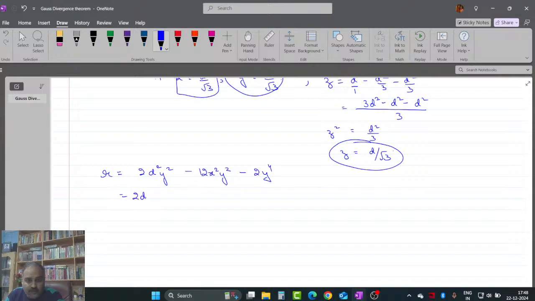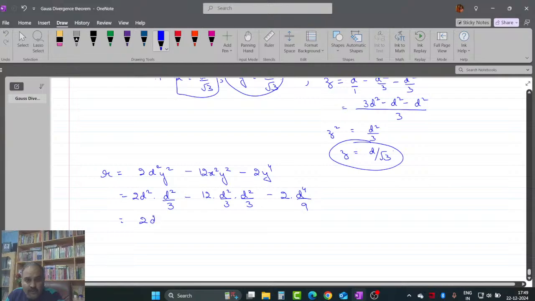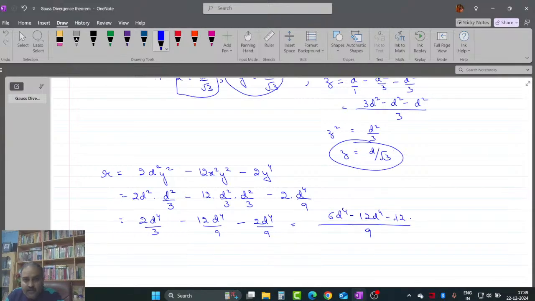So 2 times d². Now the value of y² will be d²/3, minus 12 times x² which will be d²/3, times y² which will be d²/3, minus 2 times d⁴/9. So it will be 2d⁴/3 − 12d⁴/9 − 2d⁴/9. I'll take the LCM with respect to 9: 6d⁴ − 12d⁴ − 2d⁴.